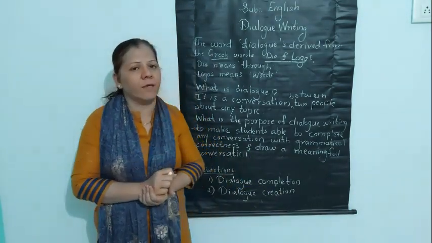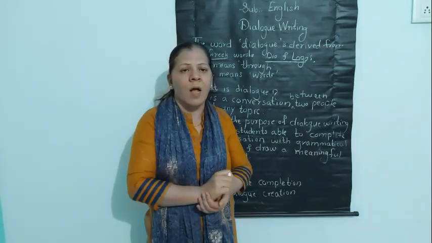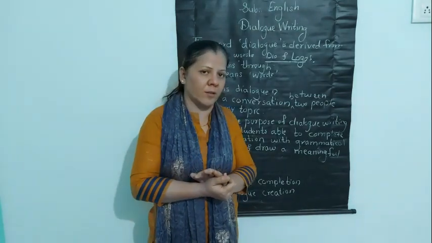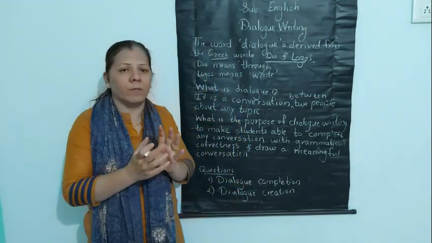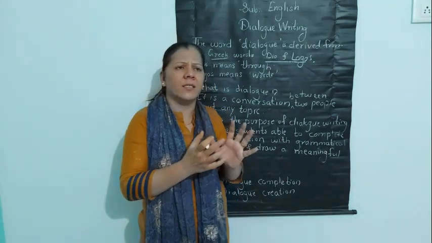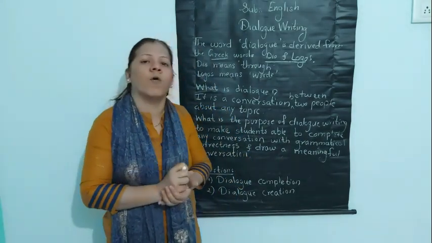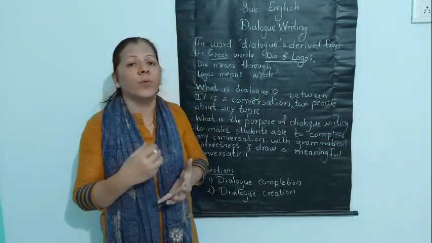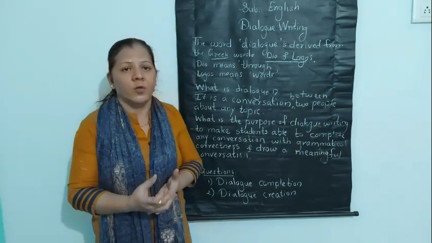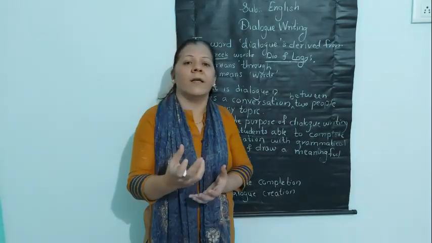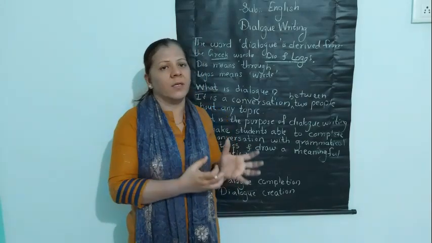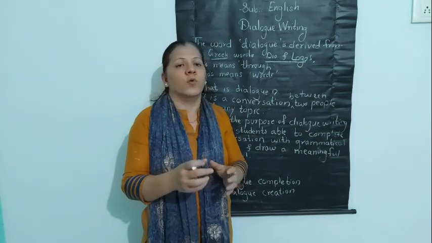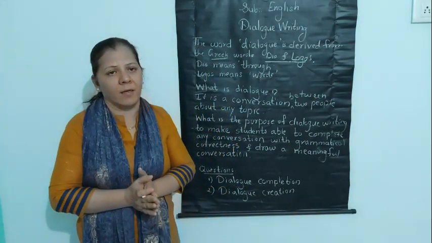Any topic will be given to you, and based on that topic you have to create dialogues. This is a very important part of writing skill. Dialogue helps you improve your conversation skill, so you can communicate with anyone fluently if you know how to converse. So it is a very important thing.